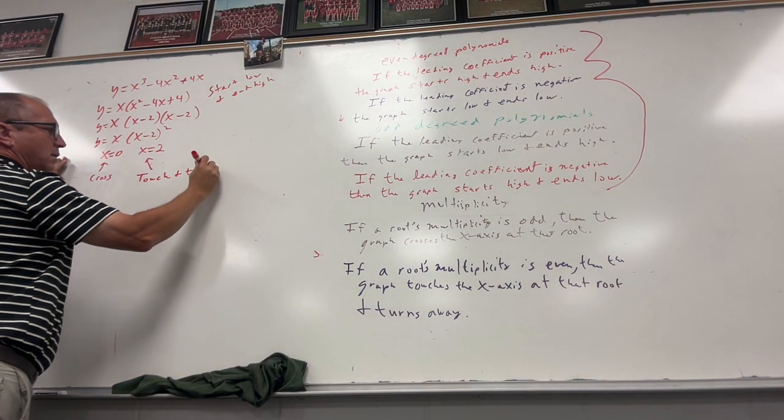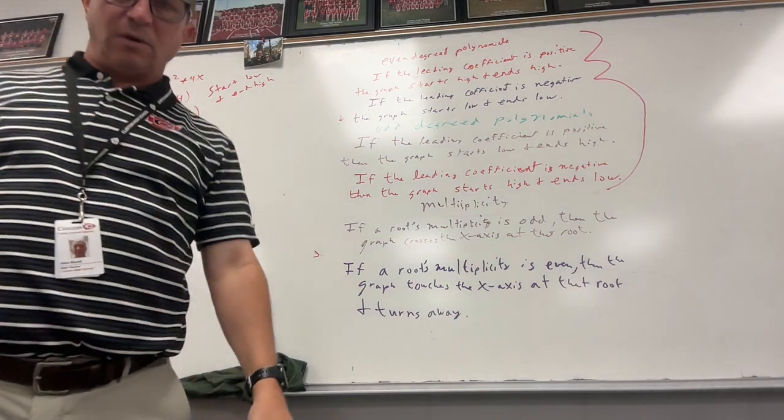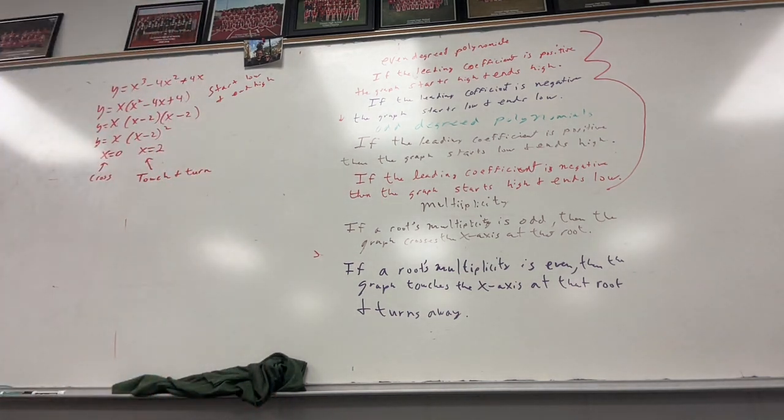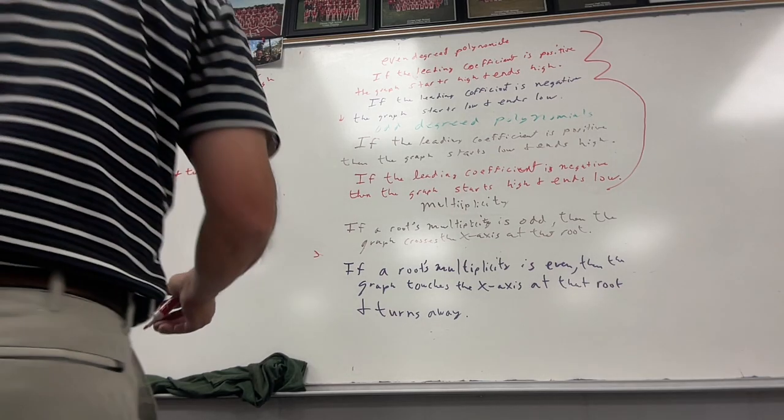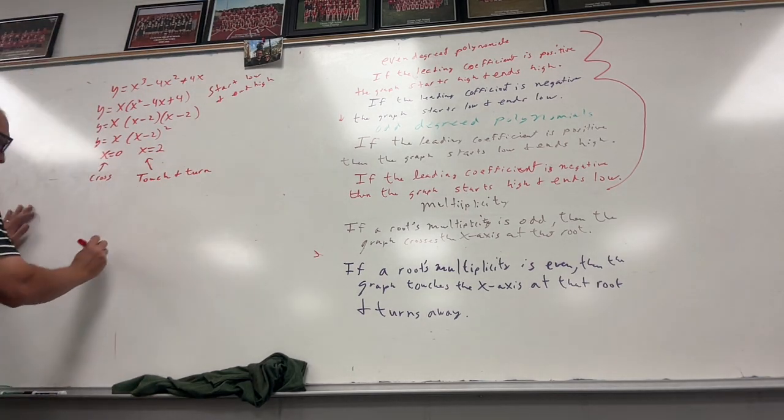Now these are terms that are going to be used when you do your homework. It's going to say crosses or touches and turns. So just be used to that. All right. So let's start doing what we know here as far as a graph is concerned.